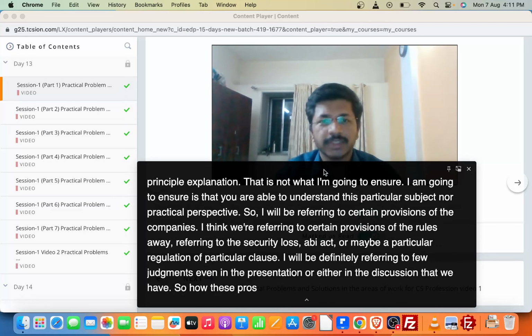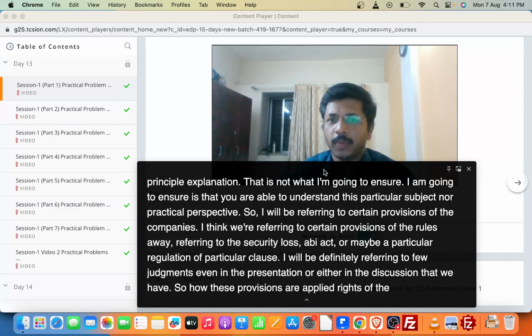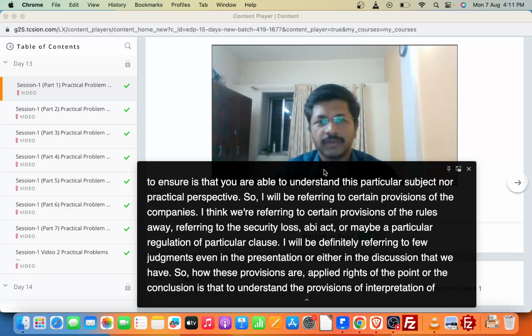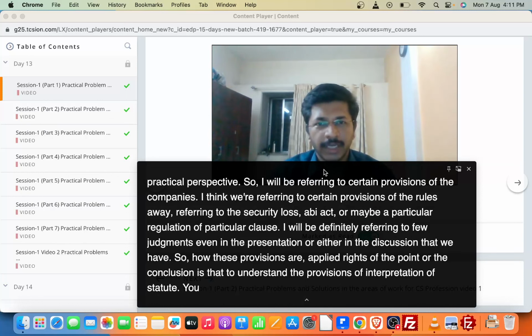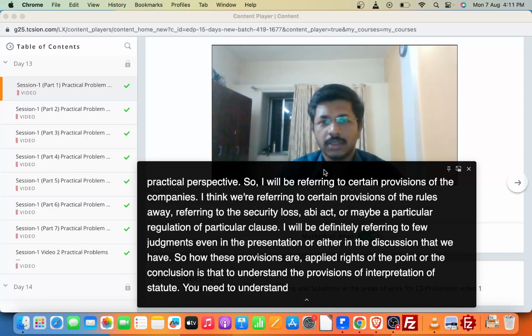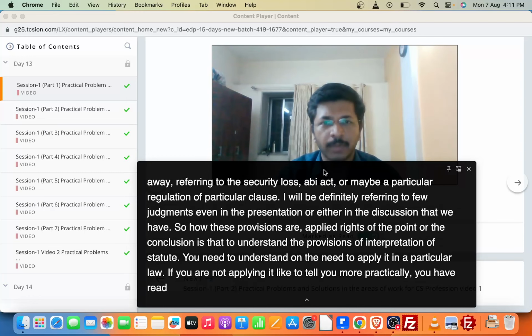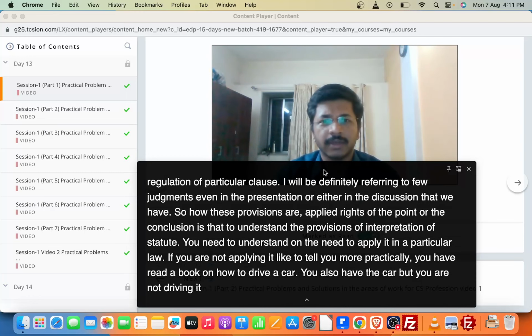So how are these provisions applied? The conclusion is that to understand the provisions of interpretation of statute, you need to apply them in a particular law. If you are not applying, it's like, to tell you more practically, you have read a book on how to drive a car and you also have the car, but you are not driving it.